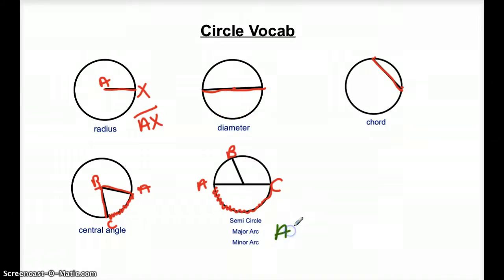And we name a major arc using 3 letters, and we put the arc symbol over the top of it. So arc ACB, because it has 3 letters, it indicates it's a major arc, and we can also tell the order that it's going around the circle. So remember that a major arc has to be larger than a semicircle.